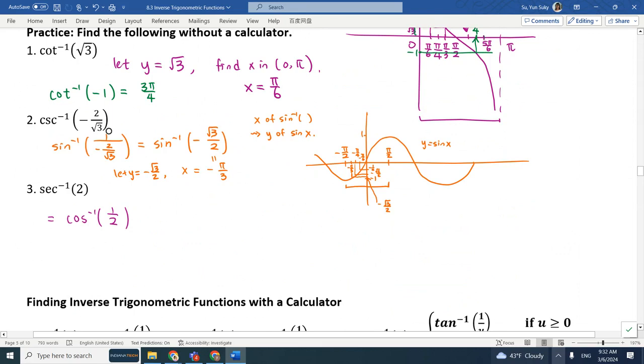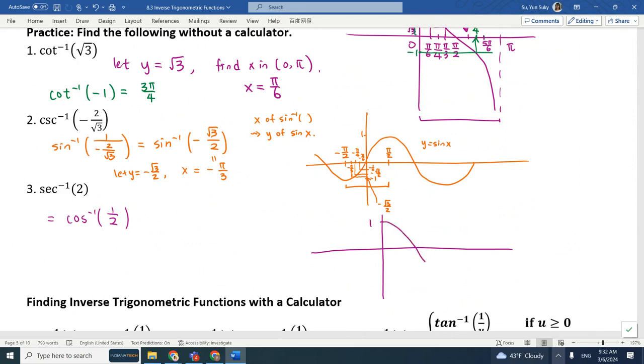So what's the graph of cosine? Yeah, it's a wave. Sine, cosine, they're waves. And cosine starts with 1. Okay? So you have to be familiar with the graph. Okay, so this is the graph.